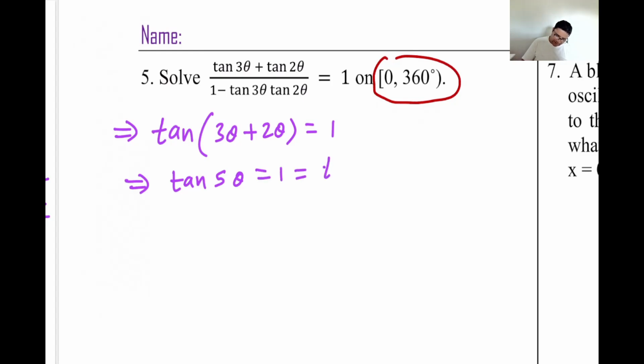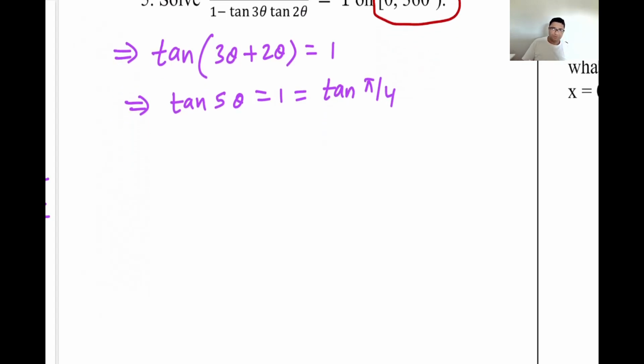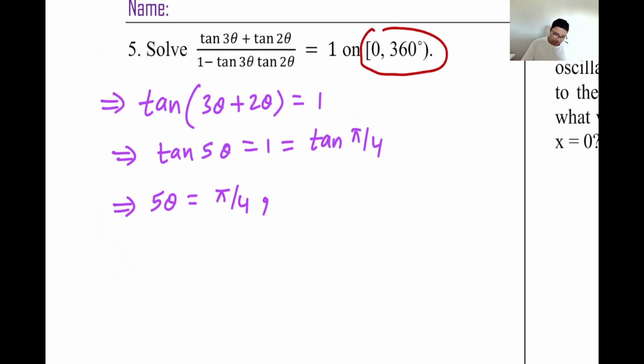1 is tan pi over 4. So the values of 5 theta are pi over 4. Oh, I should write in degrees. Pi over 4 means 45 degrees. And the subsequent values are plus pi.